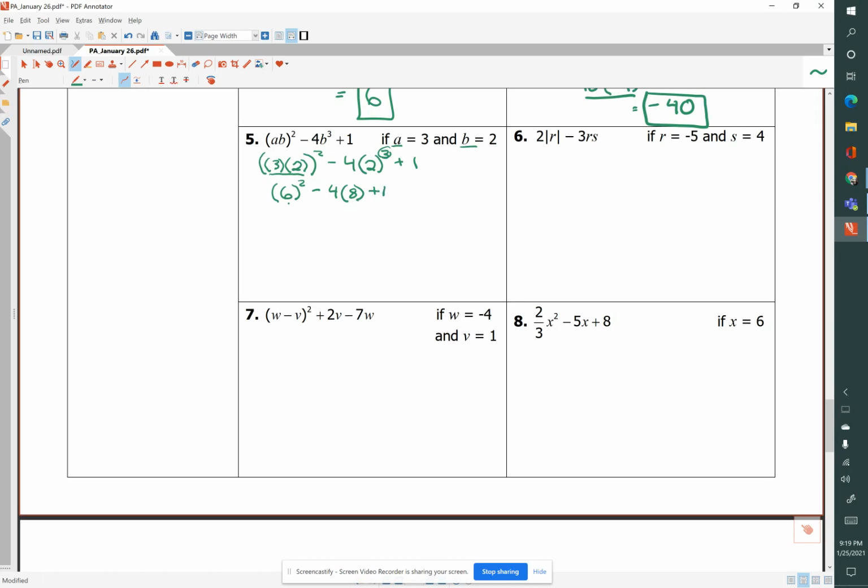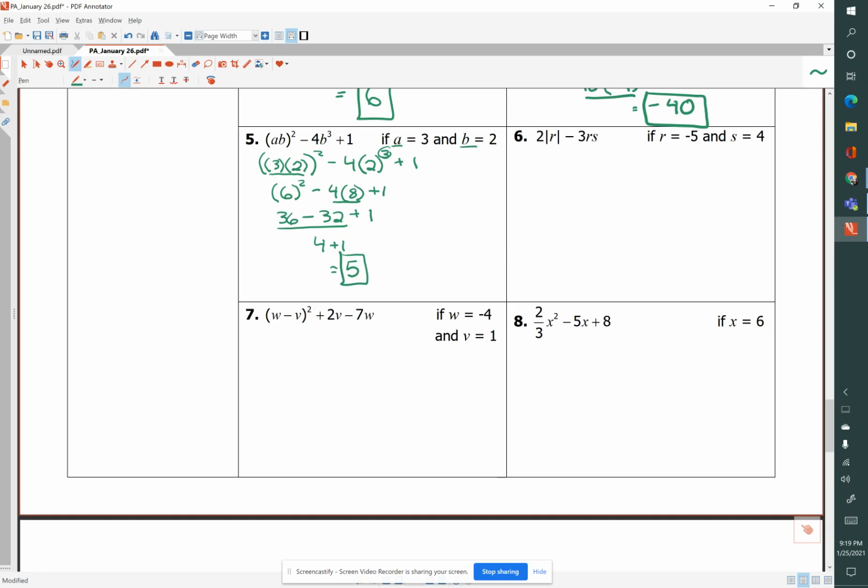Now, 6 squared is 6 times 6, which is 36, minus 4 times 8, which is 32, plus 1. Now I just work from left to right. 36 minus 32 is 4, plus 1, and 4 plus 1 equals 5, our final answer.